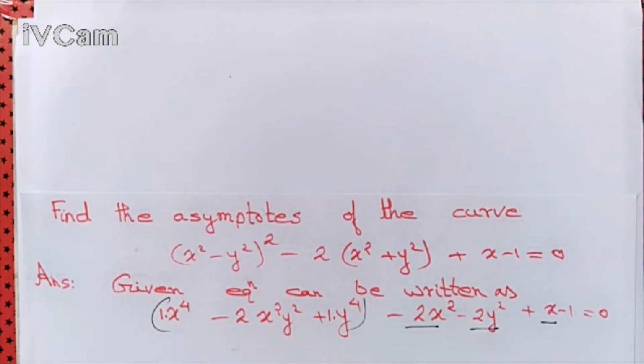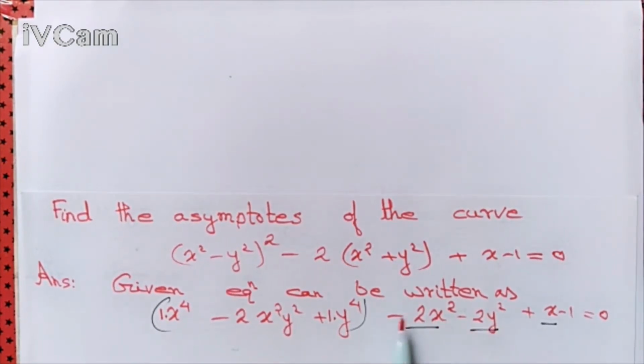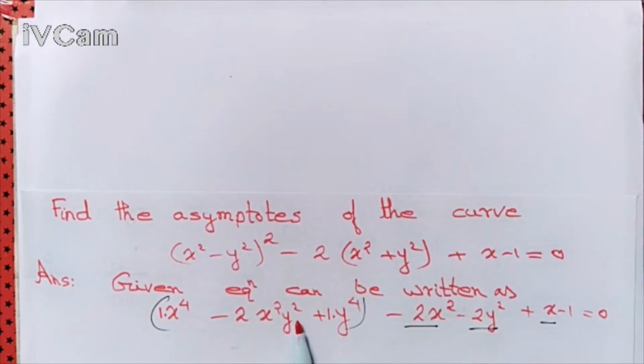That cannot be 0. Similarly, let's look at the powers of y. It's 2 here, and then it's 2 here, and 4. So the highest power of y is 4. And the coefficient of the term containing y to the power 4 is 1. That also cannot be 0.